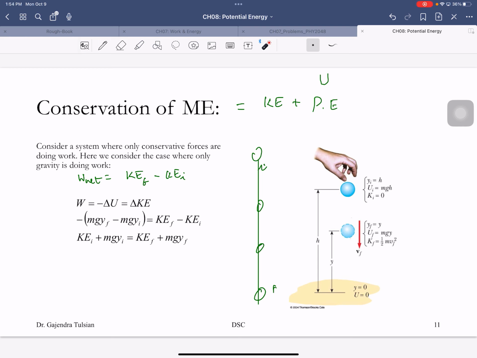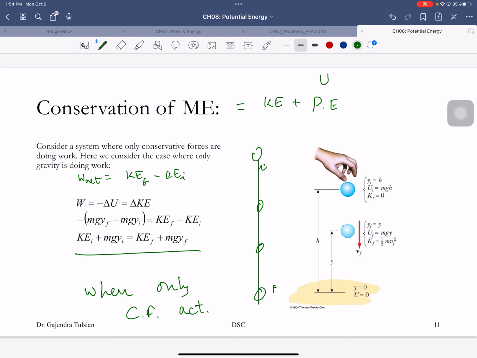And when is this true? When only conservative forces act. So what does that mean? That friction is absent, you're not pushing on anything, Elon Musk's rocket is not doing any work, and stuff like that.